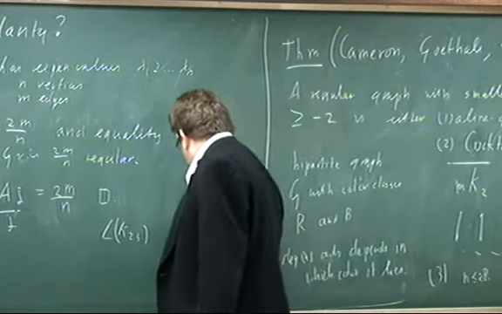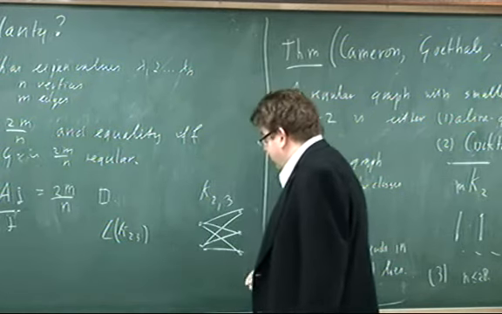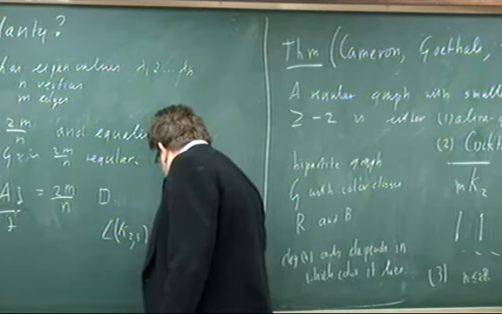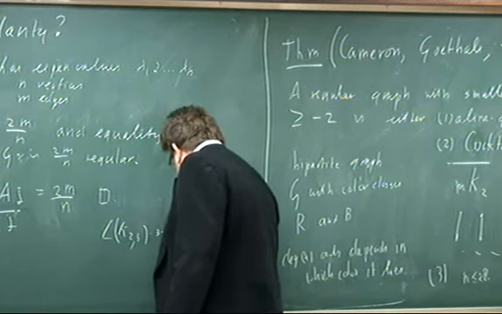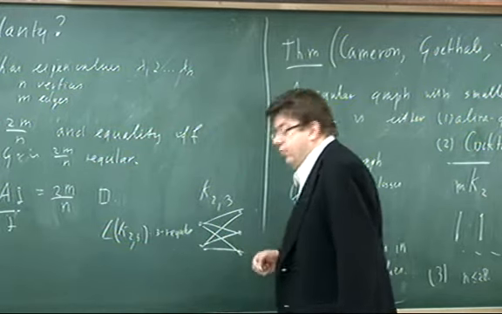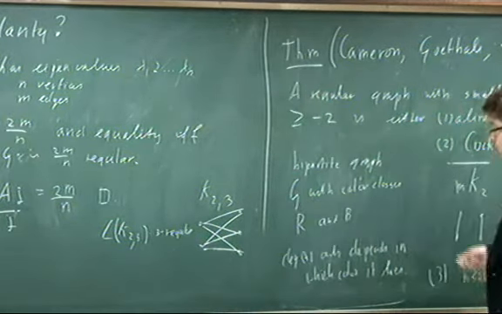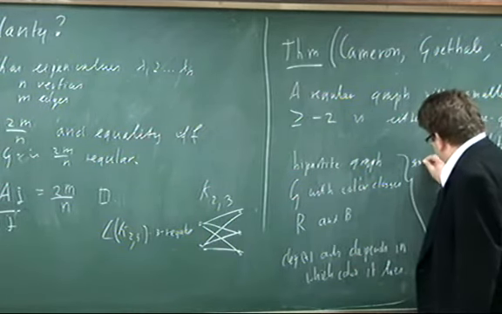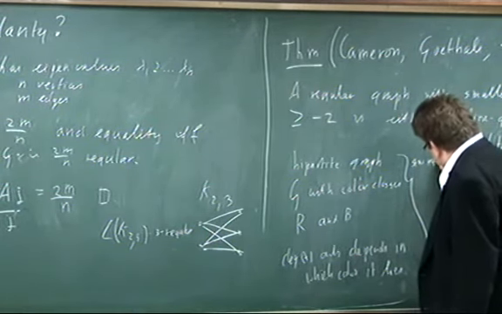So this is a 3-regular graph. And you see that these 2 vertices have degree 3, these 3 vertices have degree 2. So this is called semi-regular. Some people call this semi-regular, other people call it bi-regular.